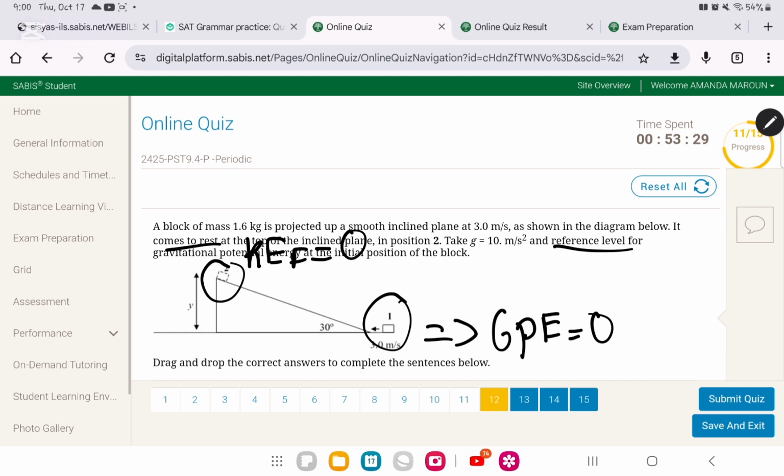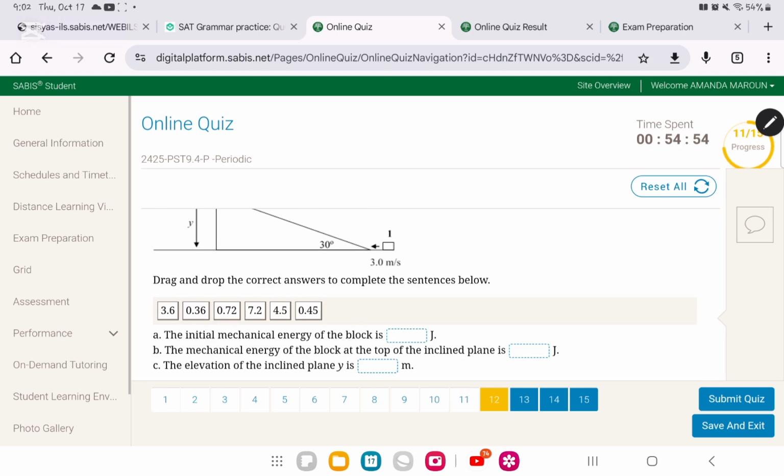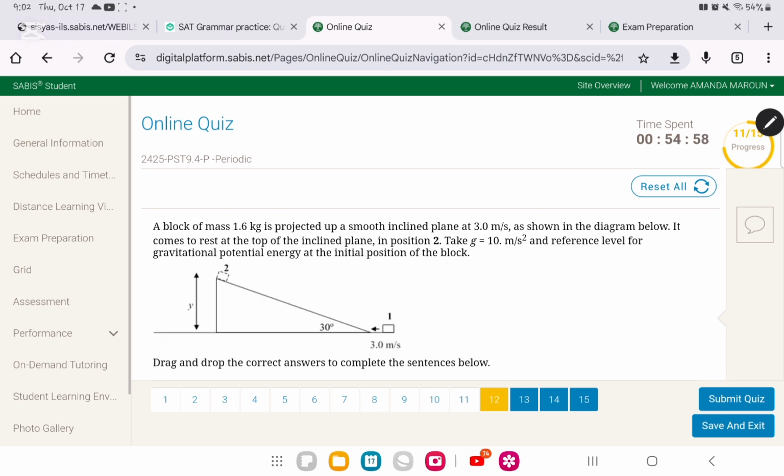Now, they're telling us, drag and drop the correct answers to complete the sentences below. They are asking us for the initial mechanical energy of the block. We know mechanical energy is equal to gravitational potential energy plus kinetic energy.